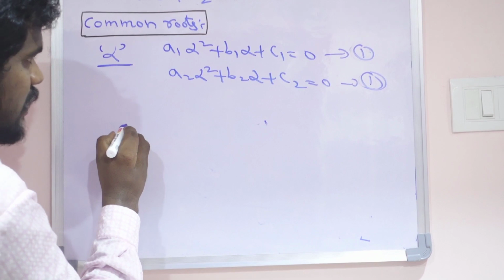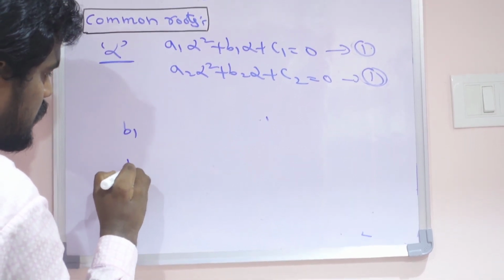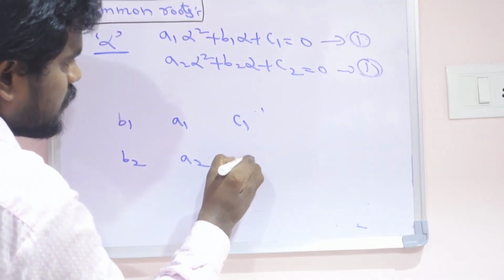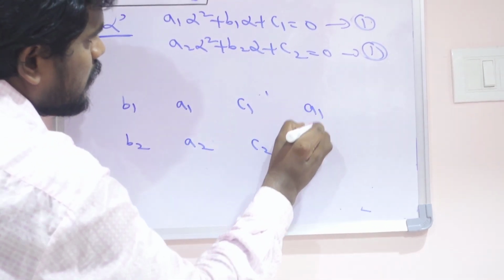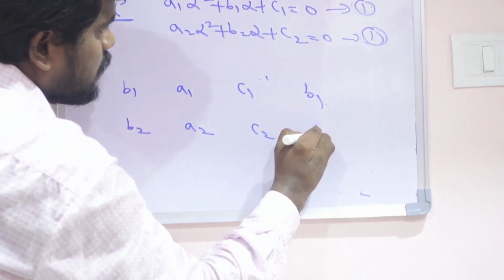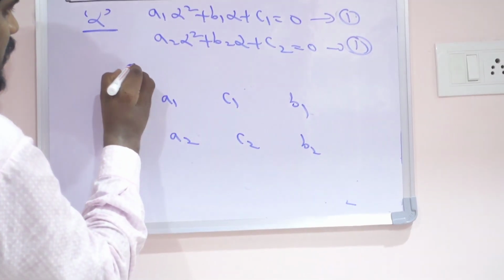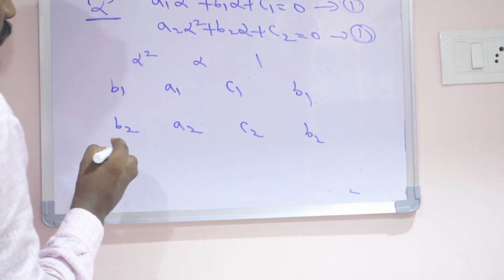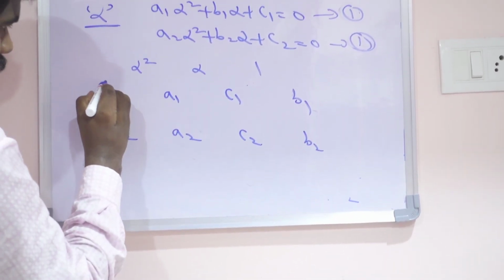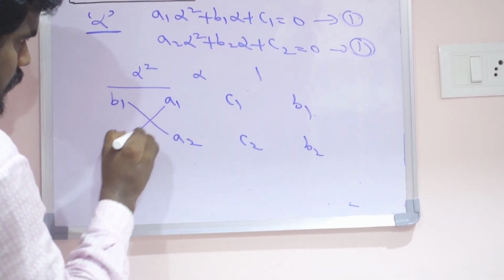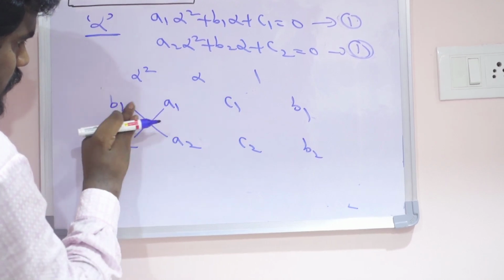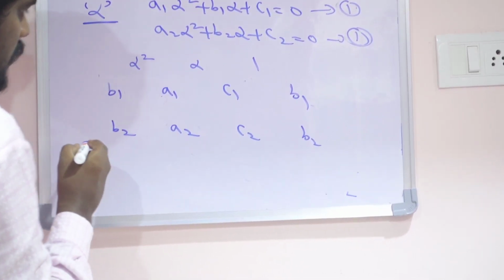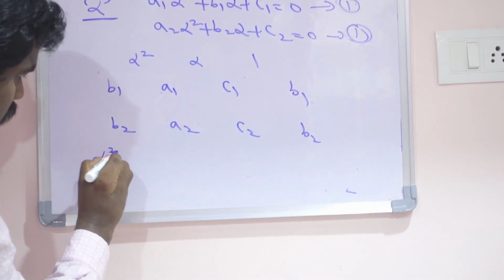Second way, first try the cross method. B1 B2, A1 A2, C1 C2 and B1 B2. This is x means alpha square, here alpha and here 1.